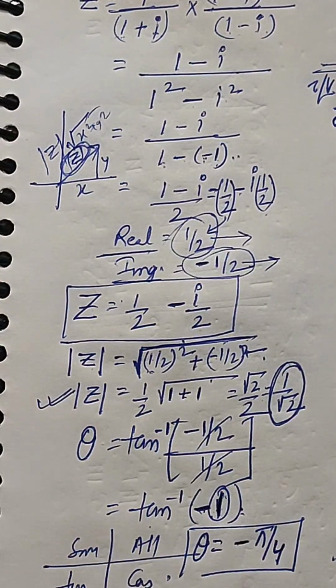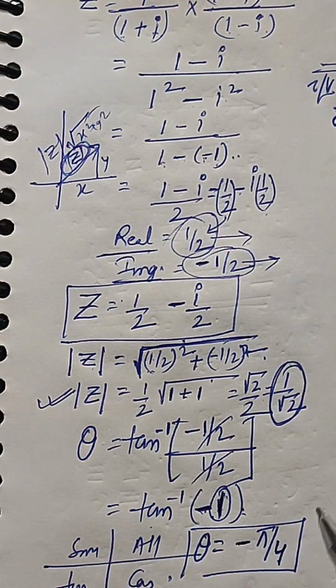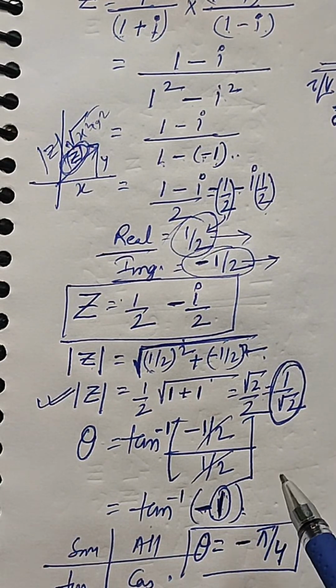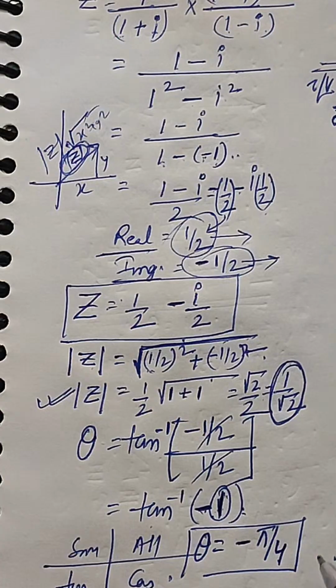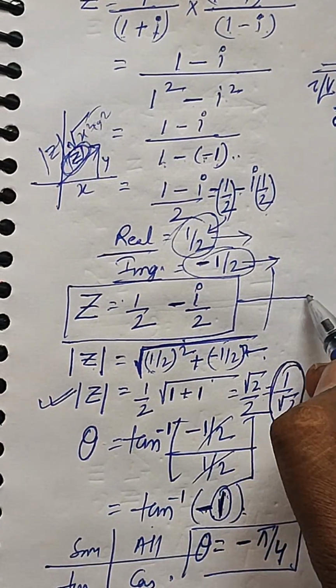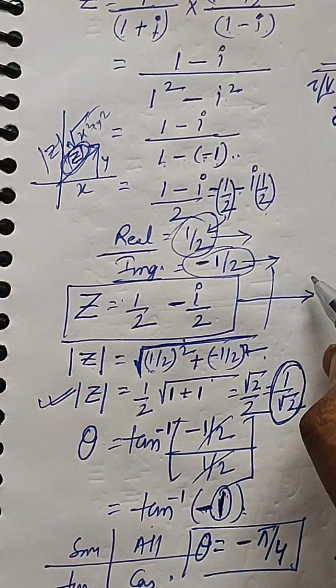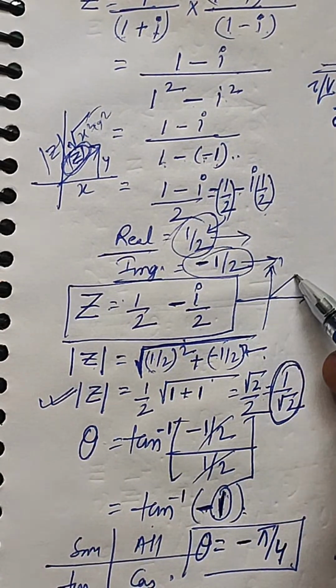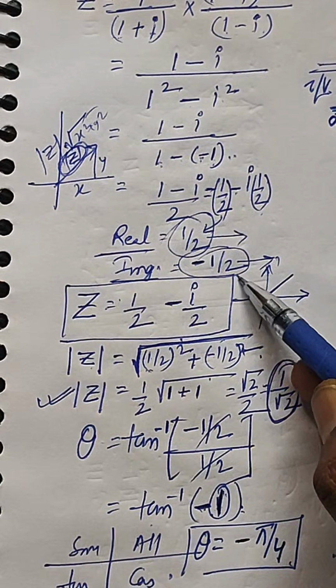When we see the representation in the complex plane, then we will see how to represent this minus pi by 4. The location of that point in the xy plane, or Cartesian plane or the Gaussian plane, will not be like over here, right? It will be something like this.